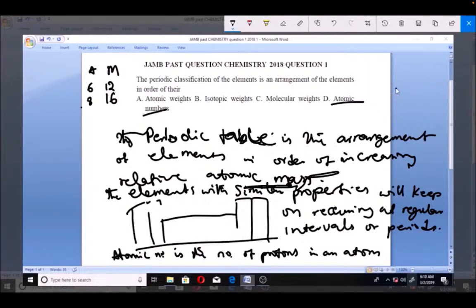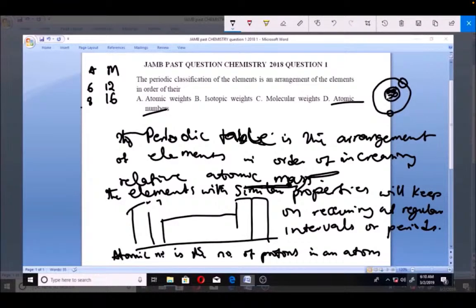When you have an atom, it will have a nucleus, and inside this nucleus you have the protons as well as the neutrons. Revolving around the nucleus are the electrons.